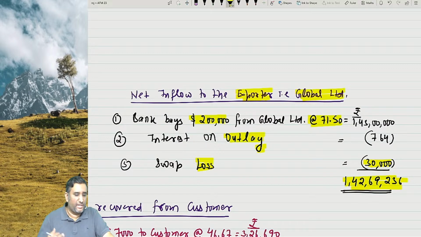Now once you've done this, let's create logically the importer. Importer has done a 3 months contract. Assume yourself to be the importer. You've done a 3 months contract. What kind of contract would you have done? Buy. And I would have done what? Sell. You come at 1 month, request early settlement. You will buy. I will do what? Sell. I will sell. But the moment I sell, from where do I get it? I will have to buy from the interbank market. That will get cancelled. Now think of a situation after 3 months. After 3 months, what would have happened if things would have gone nicely well?